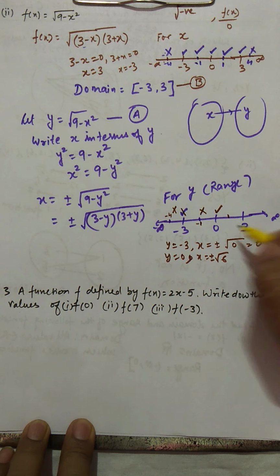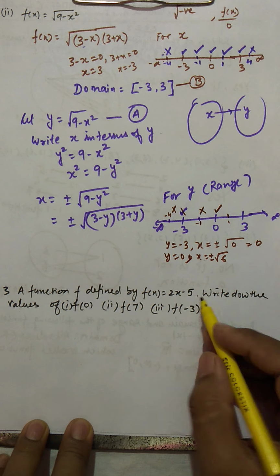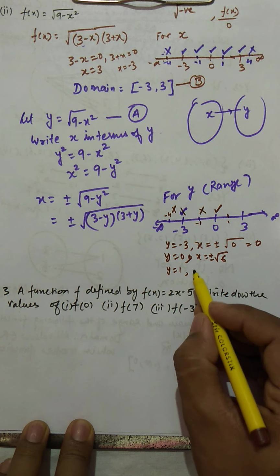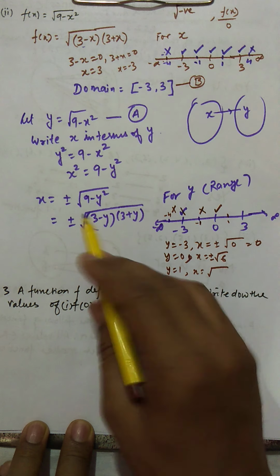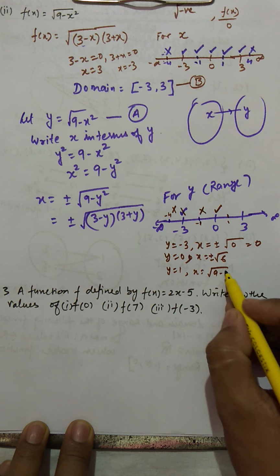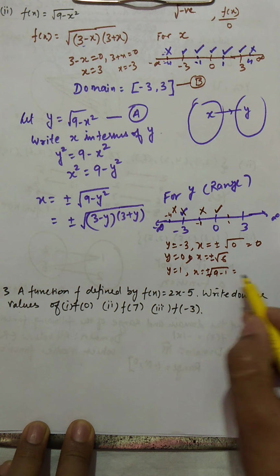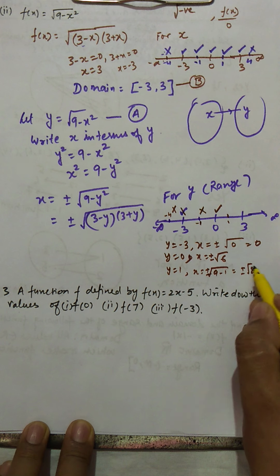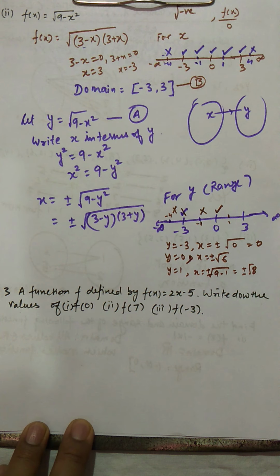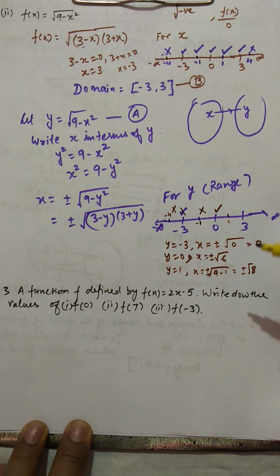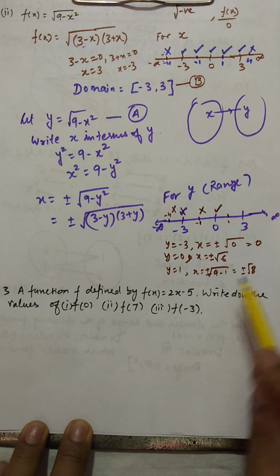Now take any value between these. We take 1. If I put y equal to 1, then x will be plus minus root 8, from 9 minus 1. Root 8 is also 2 point something, because root 9 is 3, so something less than 9 will give you 2 point something. So plus minus 2 point something are also values of x.